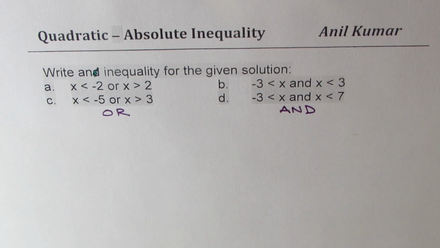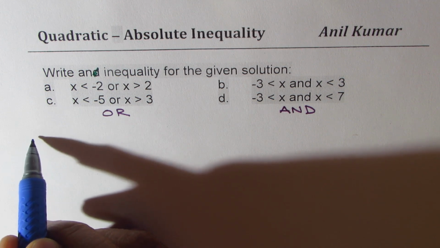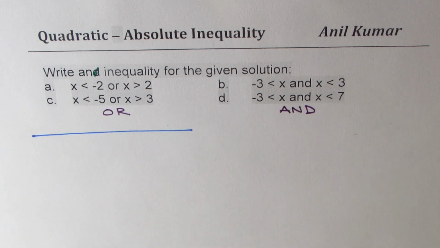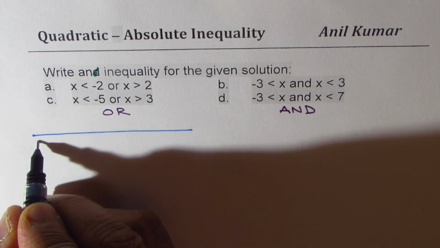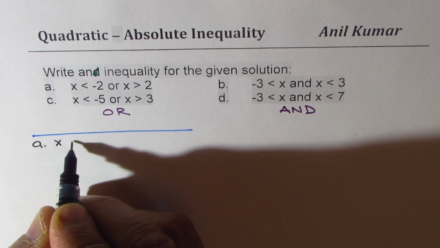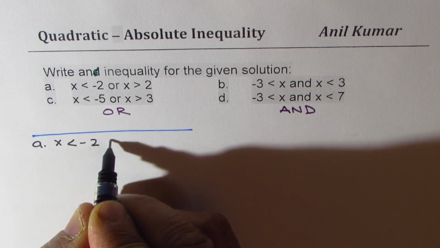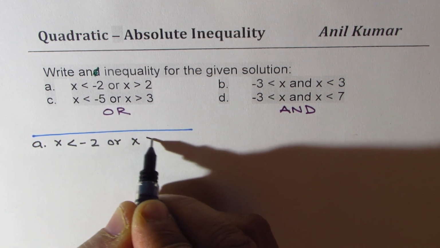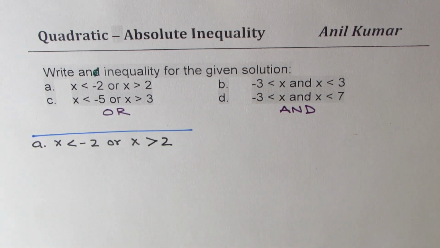Now let's look into writing inequality from the solution. Now what is the solution? I'm trying to solve the very first one. Let me rewrite the question here. A, which is x is less than minus 2 or x is greater than 2. What does it mean?